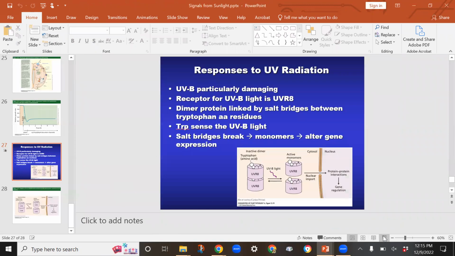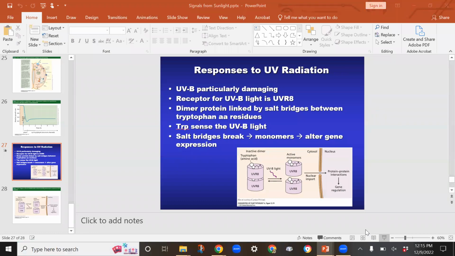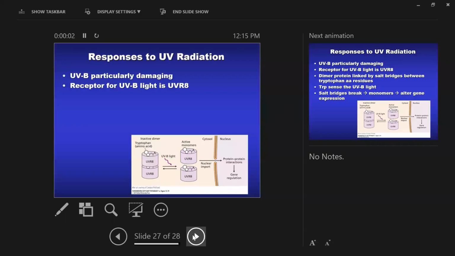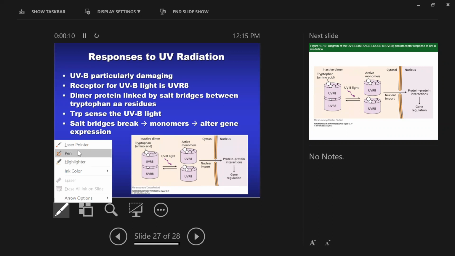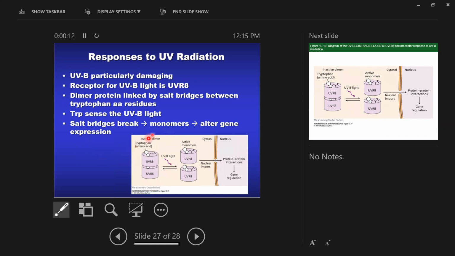So that's looking at this photoreceptor. The UVR8 is a photoreceptor, and it is the one that they've discovered that will absorb ultraviolet UVB light. Part of the sunlight coming down to Earth is, of course, ultraviolet, UVA and UVB.